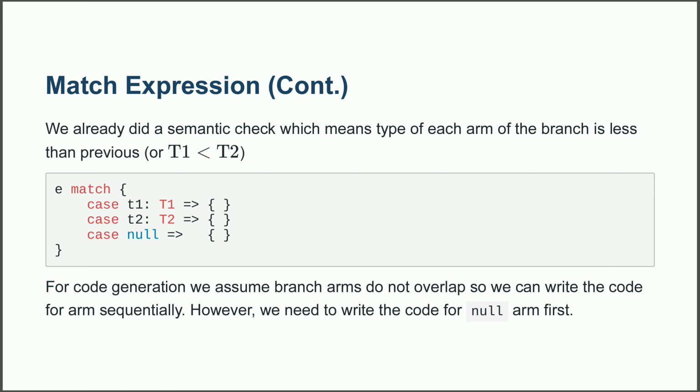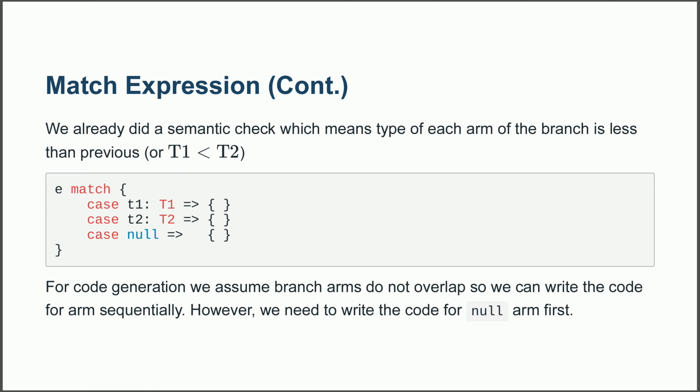So the expression may be some other type, foo, that extends T1. You need to check if the expression is at least type T1. If that's the case, go with that approach. Otherwise, continue. And if it's the last one, or any of these branches, we go to the end.